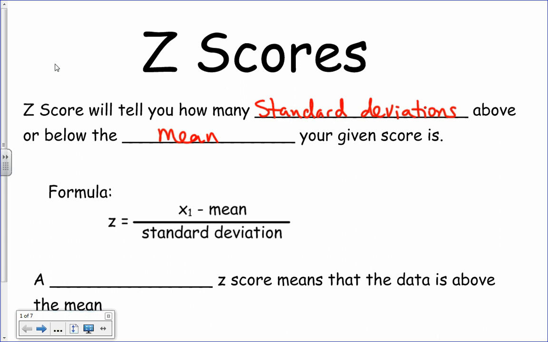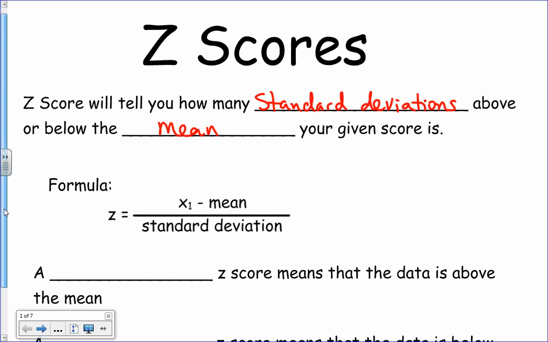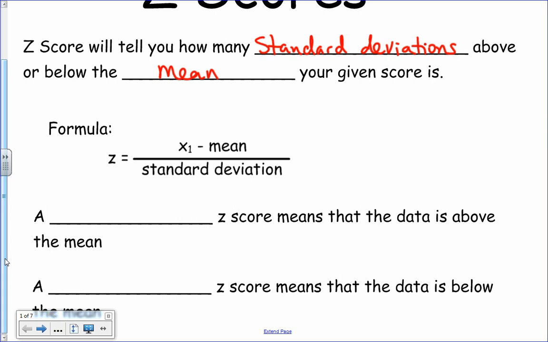Okay? The formula is very simple. X1. Now listen. X1 right here is whatever the score is that you're given. The mean will be given, the standard deviation will be given. Down there in example 1, it says you take the SAT and score 1100.